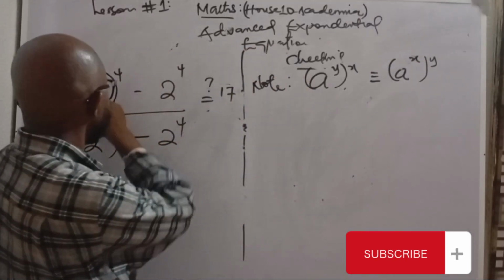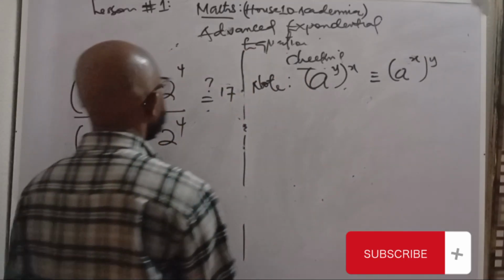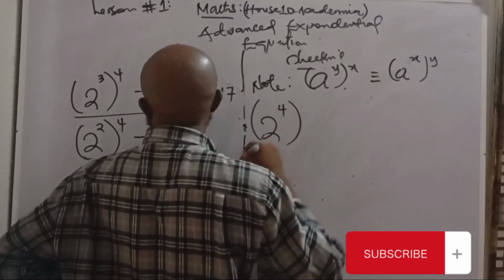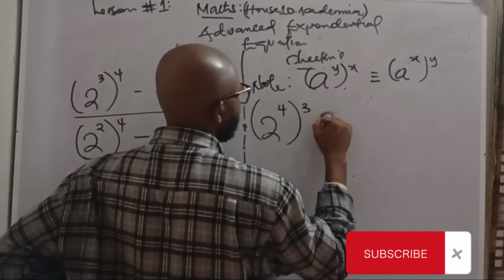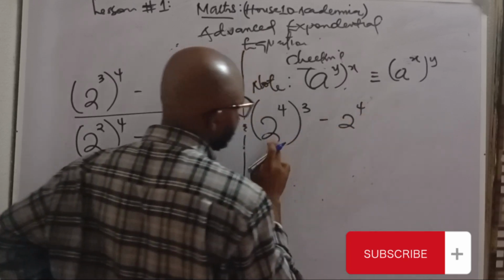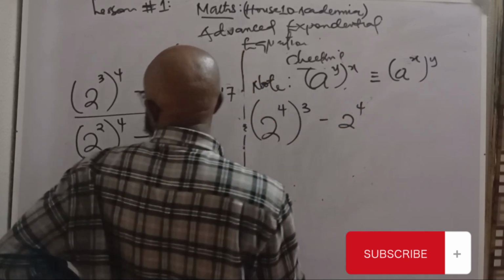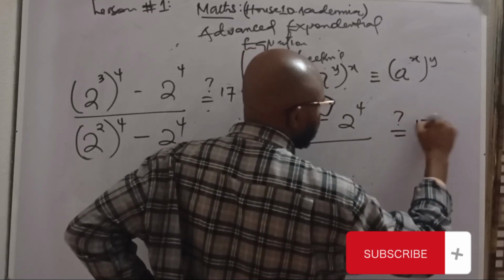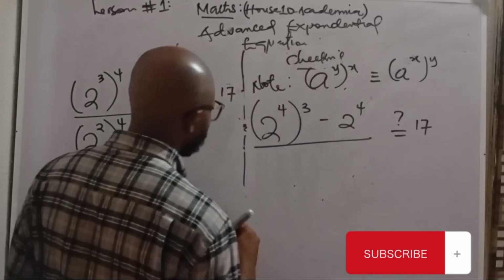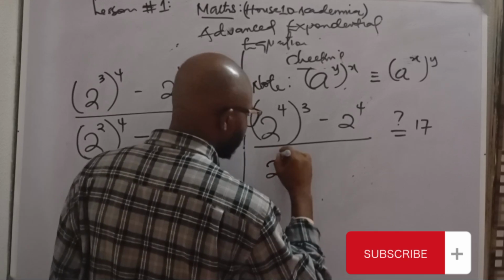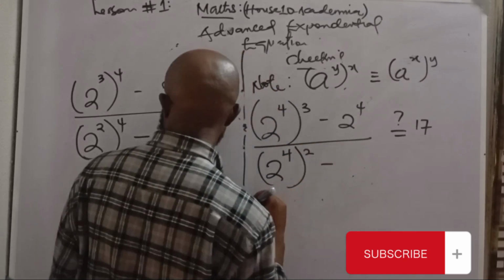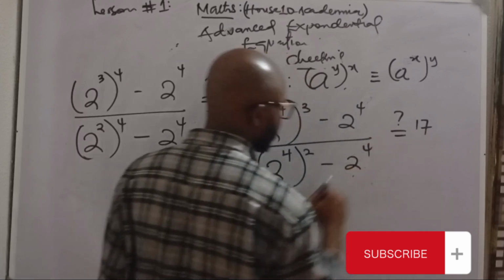Now we can interchange this by saying (2^4)^3, you still get the same thing, minus 2^4, because this is easier to solve. So this will give us this. Is it equal to 17? That is the argument. So we can equally have (2^4)^3 over (2^4)^2. Is this equal to 17? Okay, minus 2^4.